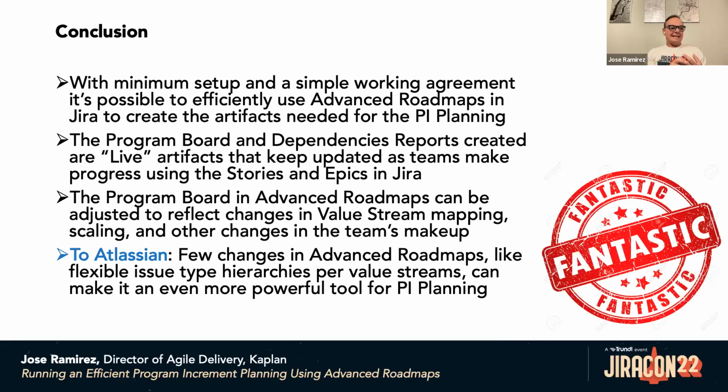Given this, and this is part of regular conversation with the Atlassian people that we have communication with, I will say that with few changes in advanced roadmaps, like for example more flexibility in the hierarchies, right now we have a single configuration for the hierarchy, but it would be ideal to have different configurations for issue type hierarchies for each value stream, because one value stream can use goals and initiatives, but another value stream can use another configuration.